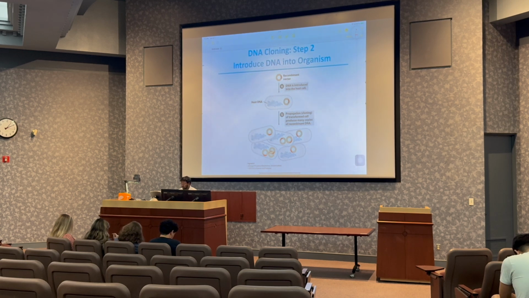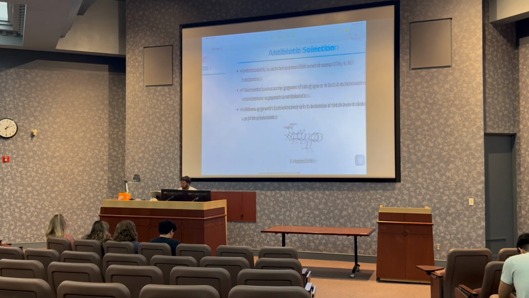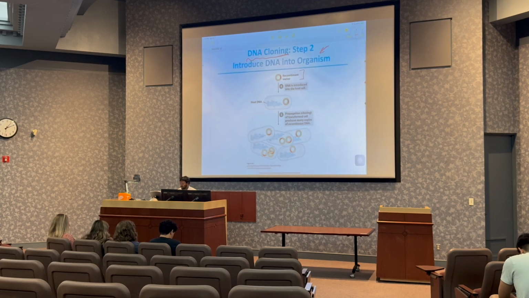Anyway, the process of DNA cloning, which is the second step of recombinant DNA technology. We already made the recombinant vector. You remember? We used two different enzymes: restriction enzymes, restriction endonucleases, plus ligases, plus we used a plasmid DNA and the gene of interest.